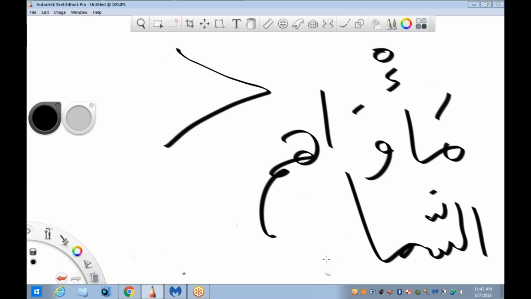If it was like this, then we'd say sama. If it has a hamza here, you say sama'. If there was a dhamma or a fatha or a kasra, you're not going to say samau, samai. You're going to say sama'u, strong. Sama'i, sama'a.